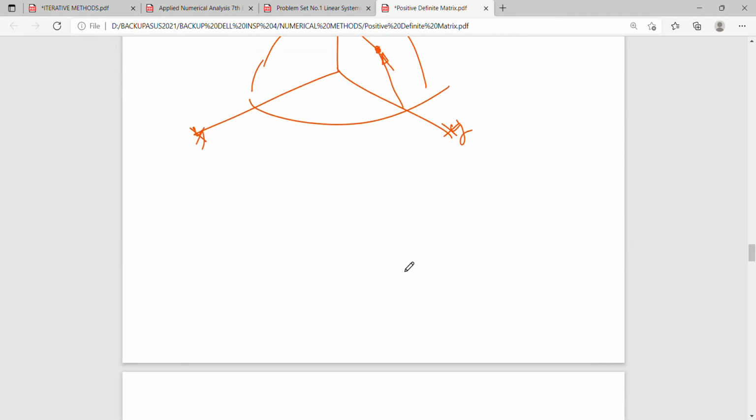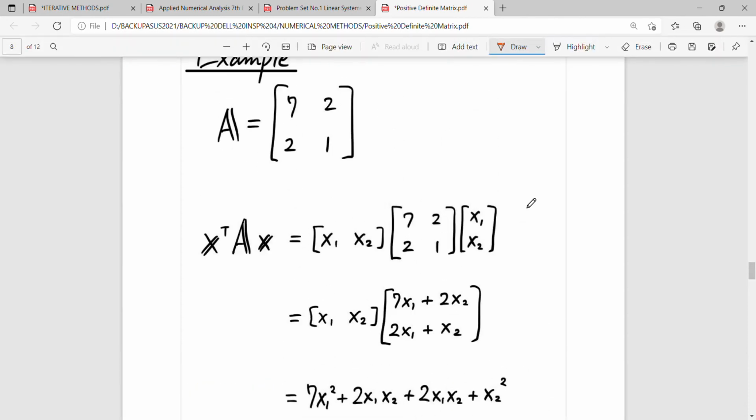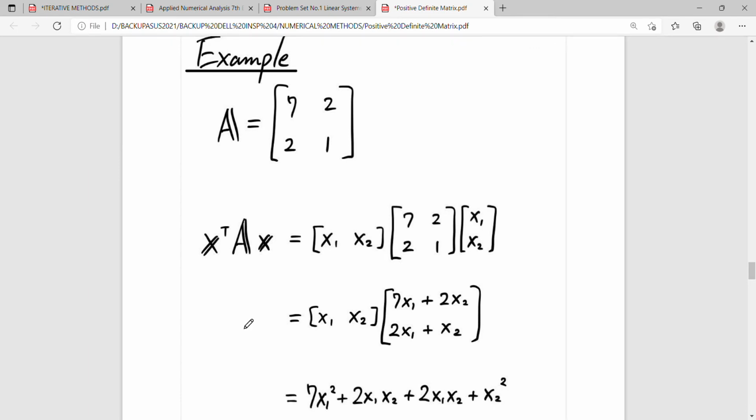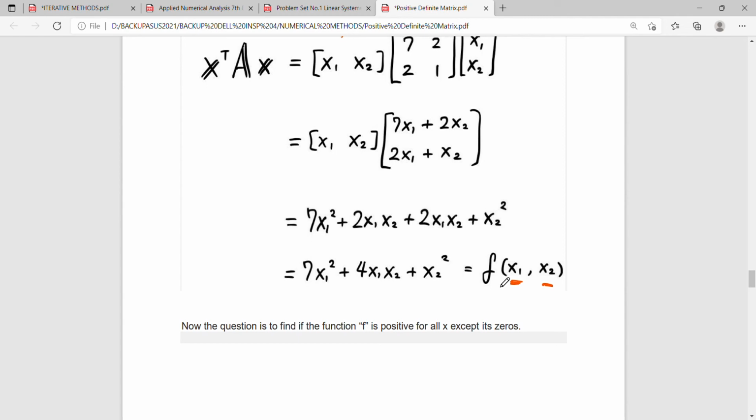Okay, so these are now the three geometric interpretations, and if you look into this example of a simple matrix in terms of a two-dimensional coordinate, you will just take a look at how it was done. You have now the x1, x2 here. This is your matrix. This is the x transpose. This is the A, and this is X. So I do the multiplication, and of course you must have a point upon which your function must be evaluated.